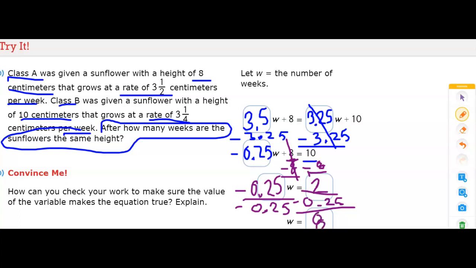So the amount of time that both Class A and Class B flowers will be at the same height will be during week 8. So that is how we have taken an equation with variables on both sides and solved for that variable.